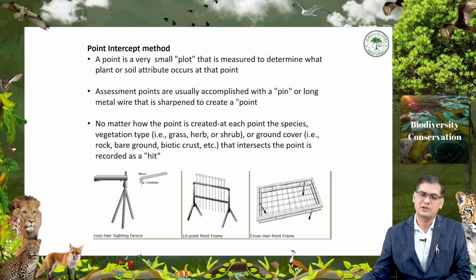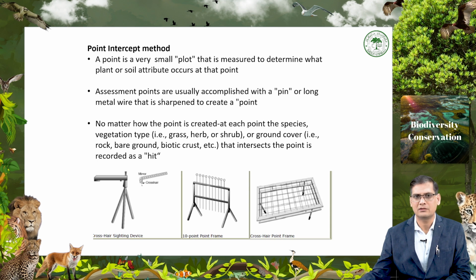Point intercept method. It is used to determine the ground cover. Basically, a point is a very small plot that is measured to determine what plant or soil attribute occurs at that point. To determine ground cover, assessment points are usually accomplished with a pin or a long metal wire that is sharpened to create a point.